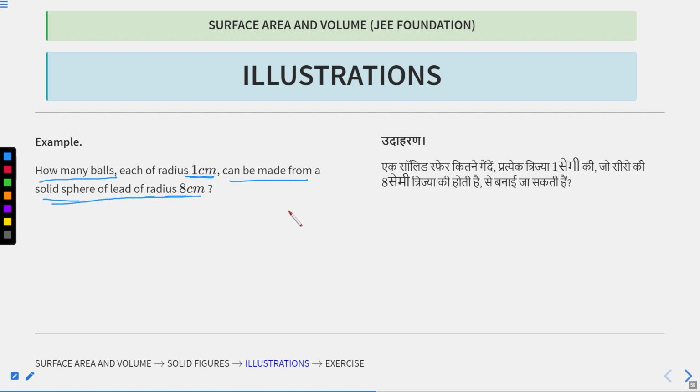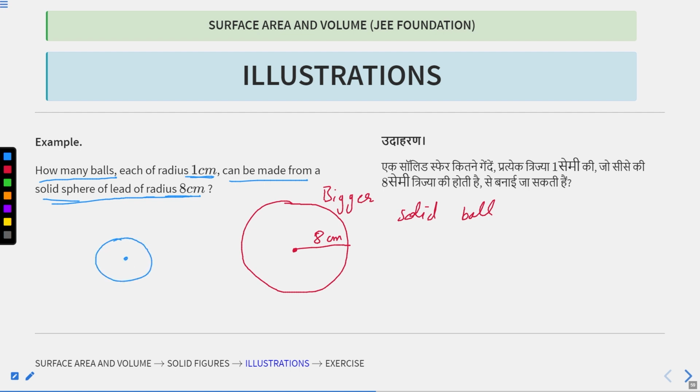So I have a bigger sphere, a bigger solid ball of radius 8 centimeters, and I have a small solid ball of radius 1 centimeter. I need to find out how many blue balls can be made out of this big red ball.